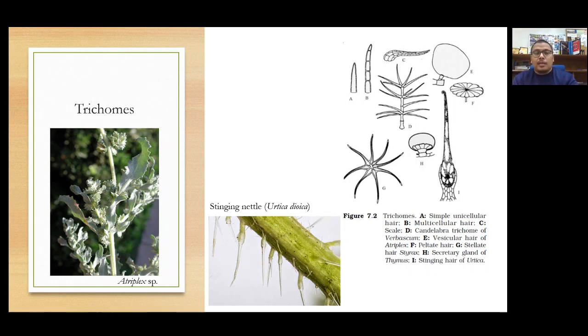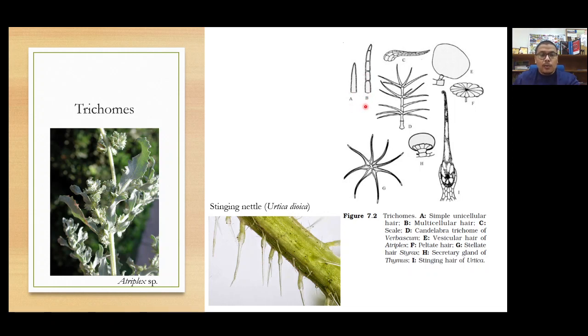For example, the Brassicaceae, Lauraceae, and Moraceae have non-glandular trichomes, which may be in the form of simple unicellular hairs, as in A, or multicellular, as in B.